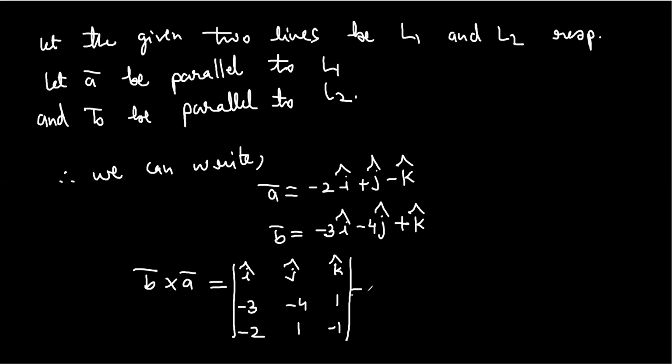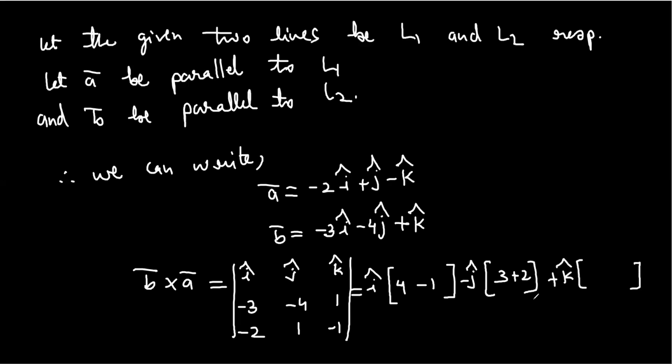So here I'll get i cap, and I'll get here 4 minus 1 minus j cap. I'll get here 3 plus 2 plus k cap, and I will get here -3 minus 8.